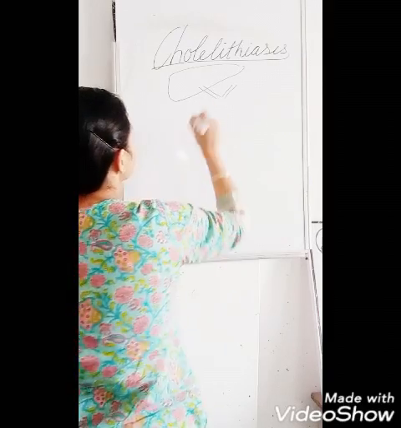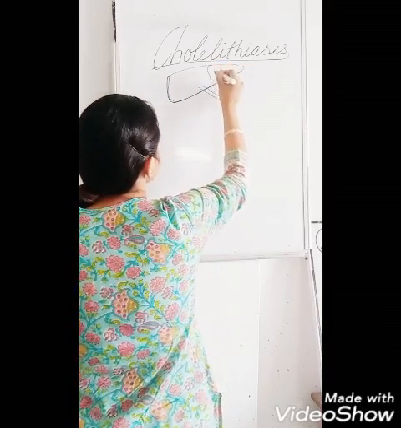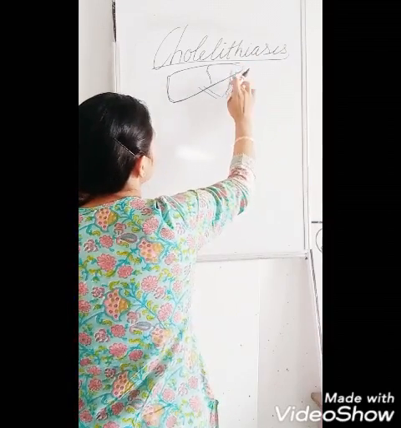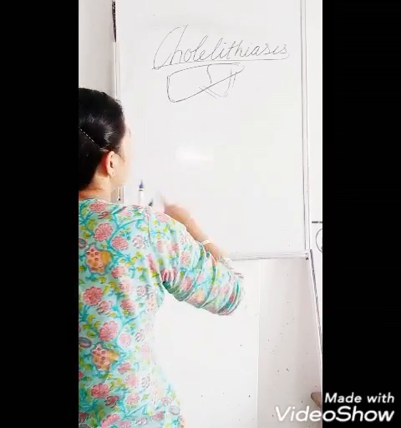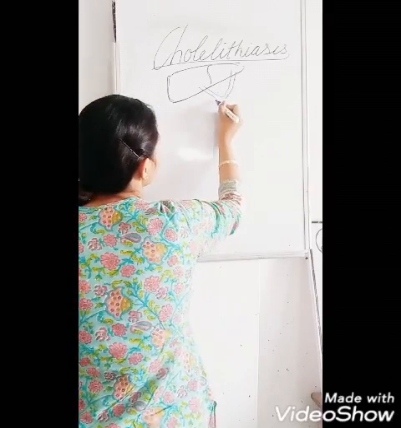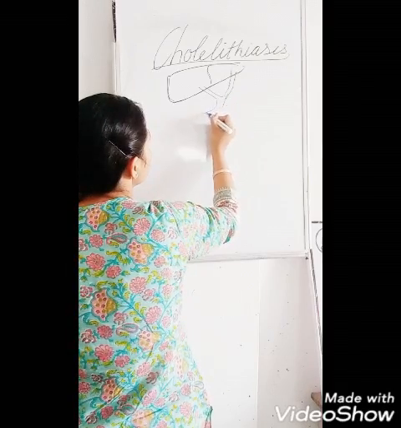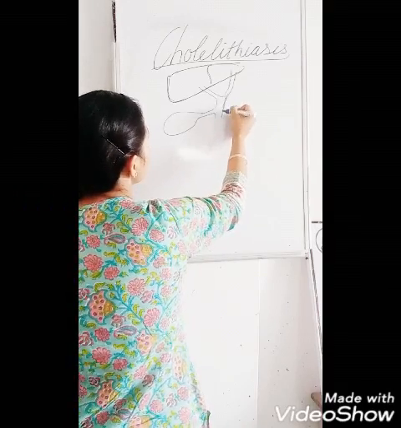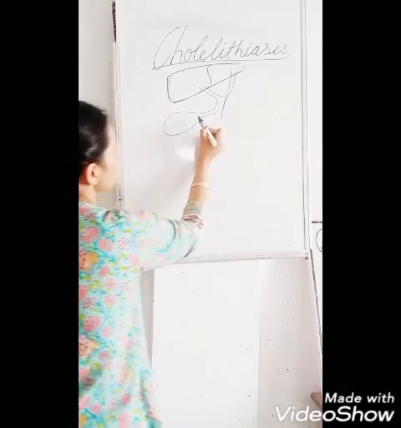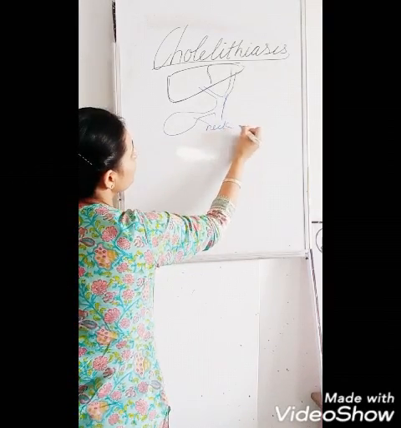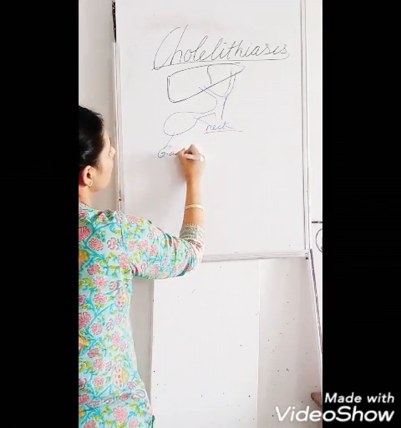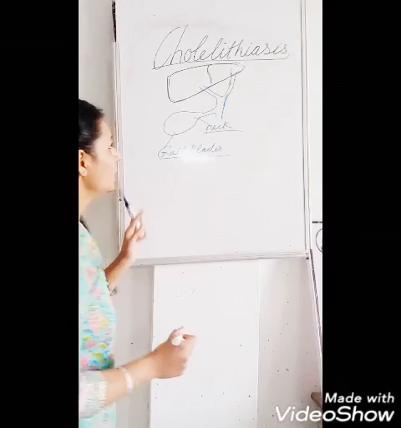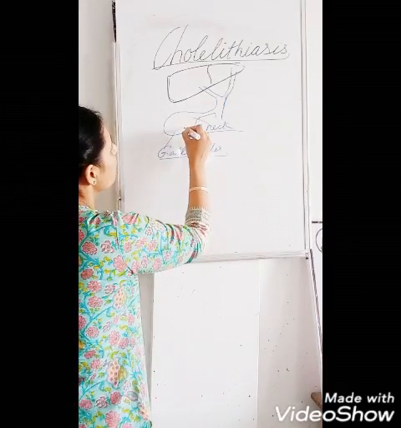This is the liver, and these are the intrahepatic ducts, and this is the extrahepatic ducts, and here is the gallbladder. This is the neck of the gallbladder. So this is the gallbladder. Now here the stone formation occurs.